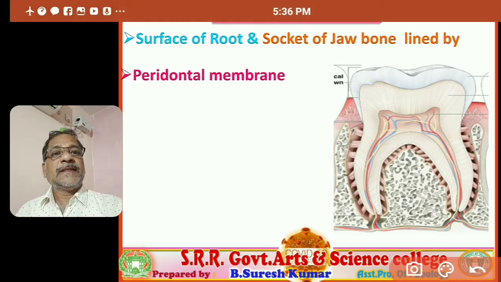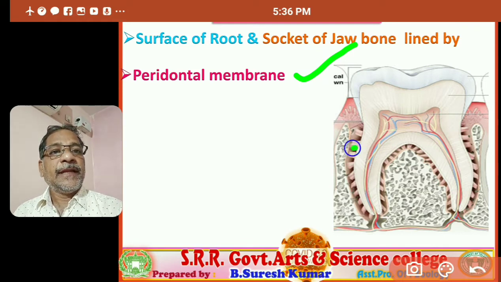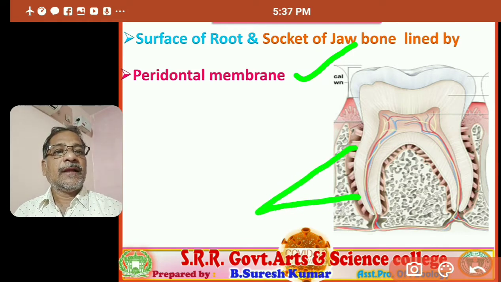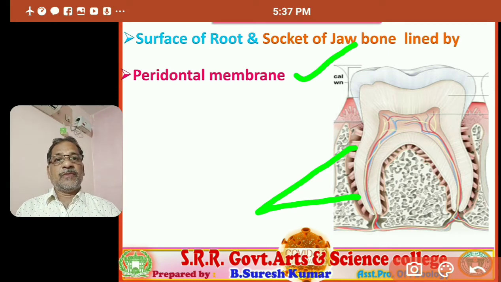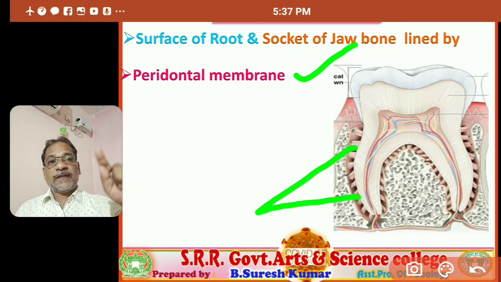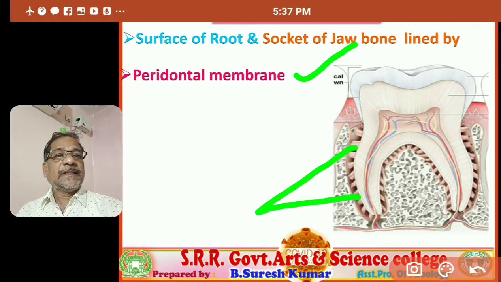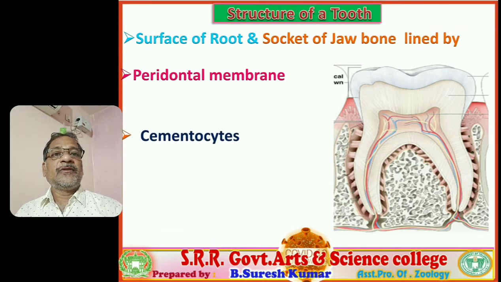Remember, this is periodontal membrane. You observe the periodontal membrane, this one, the surface of the socket of jawbone, and as well as the surface of the teeth, the root of teeth. Both are externally lined by a membrane that is called periodontal membrane. It is not an acellular layer, it is a cellular layer in which prominent cells are present. They are cementocytes.